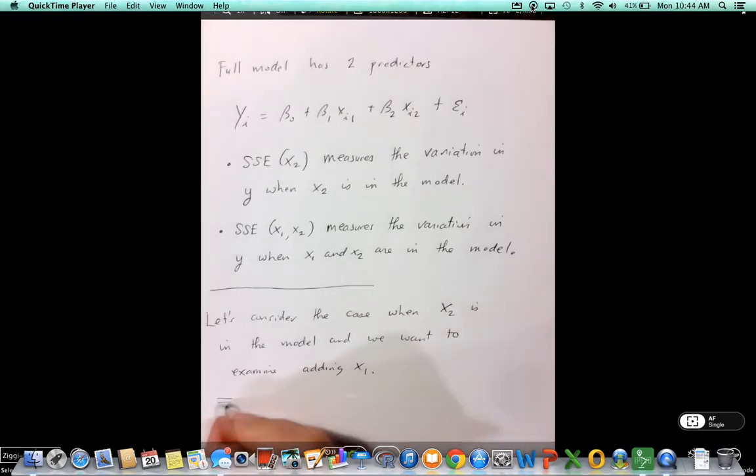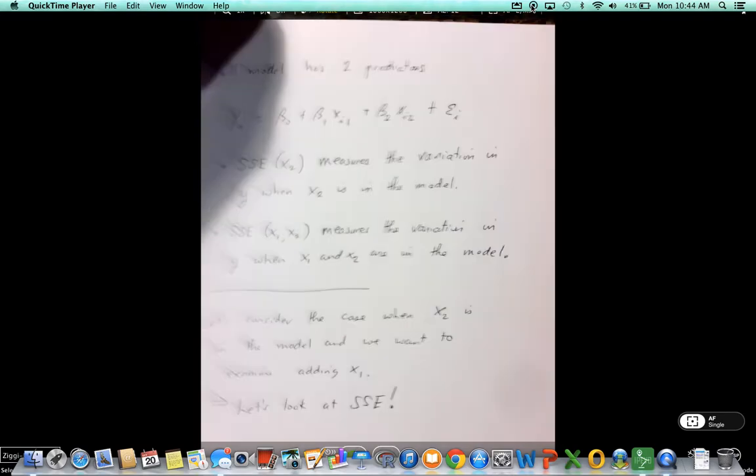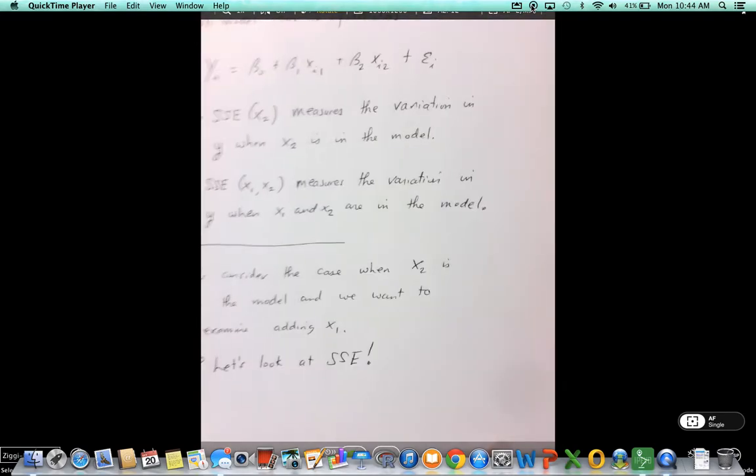Well, what's going to be the natural progression here? That's going to be just like before. Let's take a look at the sum of squares for the error.